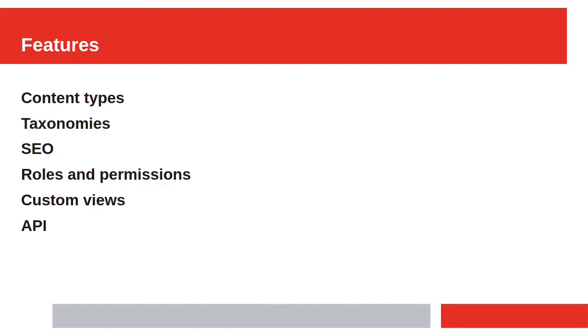And then you can create your own views. In Drupal, we call that views. In WordPress, you can say it is an archive.